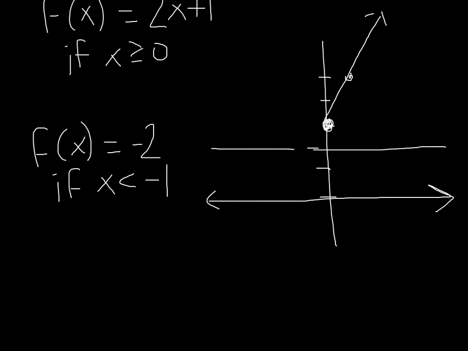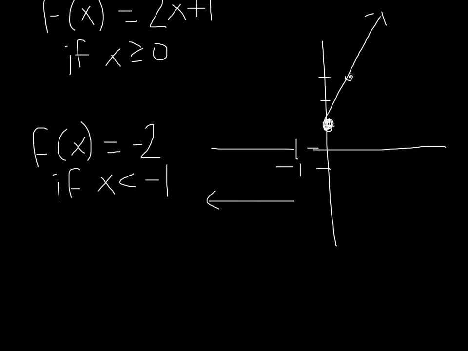But the domain restriction tells us that we can only keep the part where x is less than negative 1. So that would be from negative 1 to the left. So we take our eraser tool and we just erase the part that it tells us to not keep.